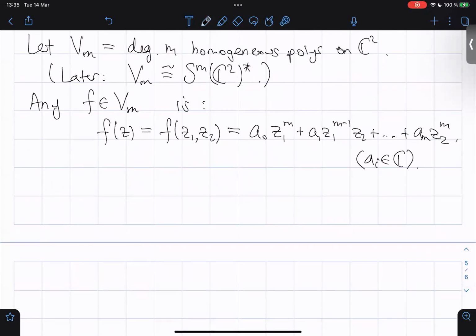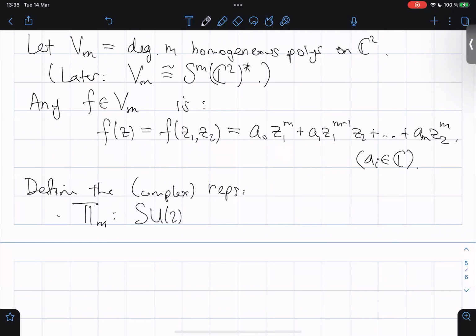Okay, so we're going to define the complex representations. So big pi m. So what is this going to do?